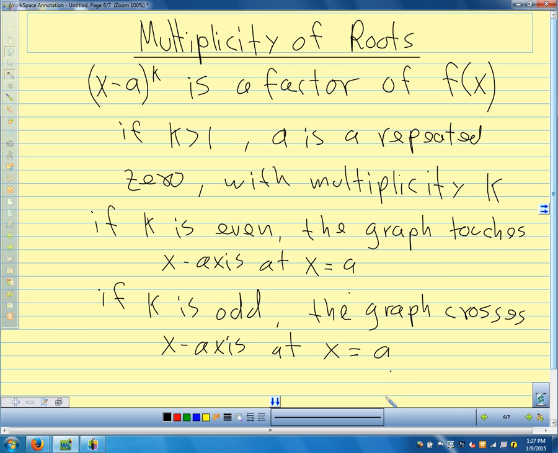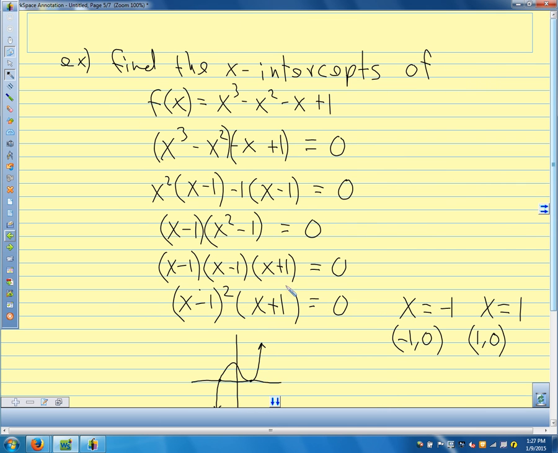Yes? So let's go back here really quick. The x equals 1, the number that makes this equal to 0, would have multiplicity 2. This one where x equals negative 1, that makes that 0, that would have multiplicity 1 because this exponent is just 1.